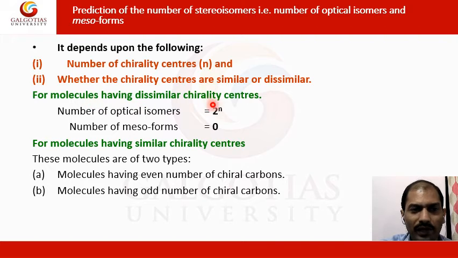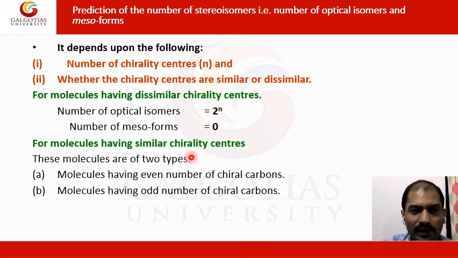For a molecule having dissimilar chiral centers, the number of optical isomers will be 2 raised to the power n. The number of mesoforms will be 0. So to check the number of optical isomers, you use this, only in the case of a molecule having dissimilar chiral centers.